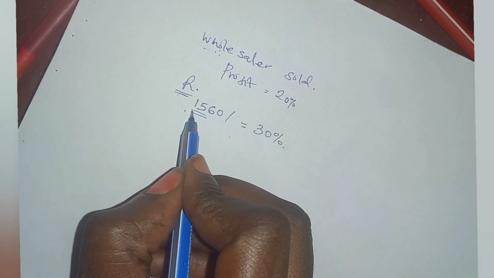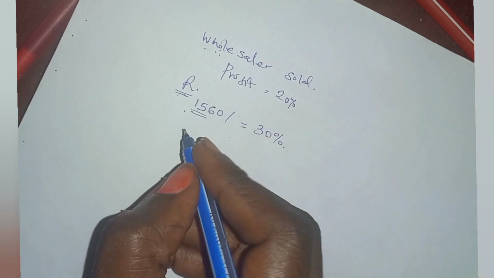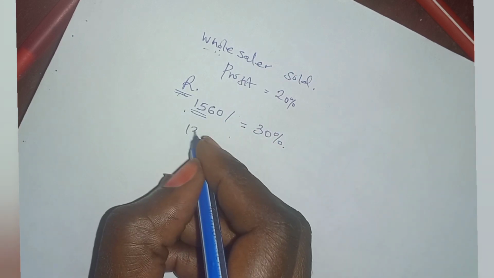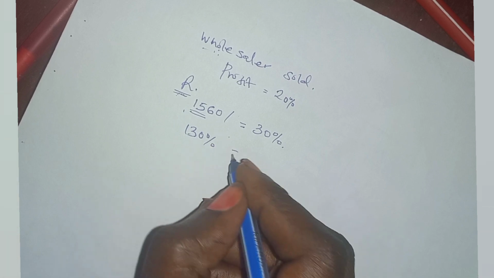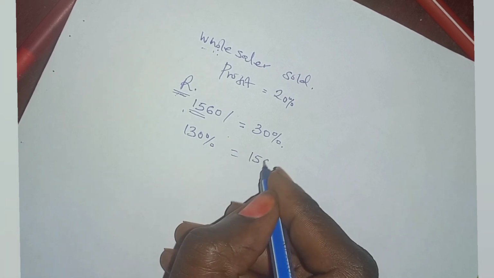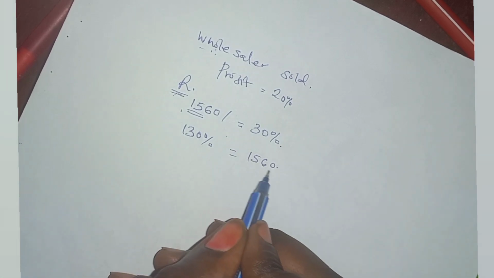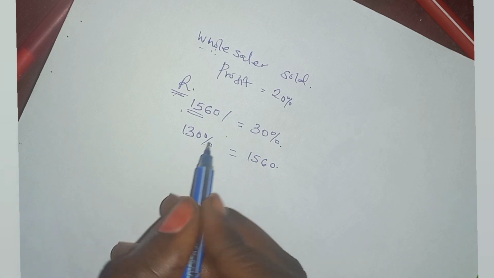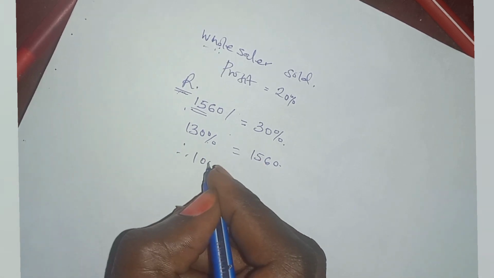We'll calculate the buying price of the retailer. We'll say that this 1,560 represents 130%. What about 100%?